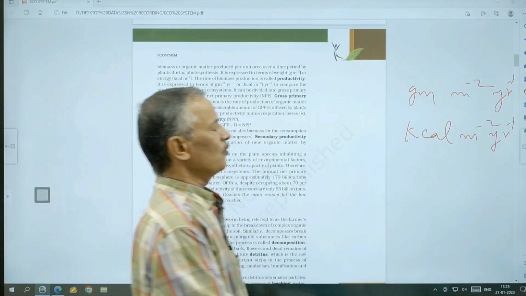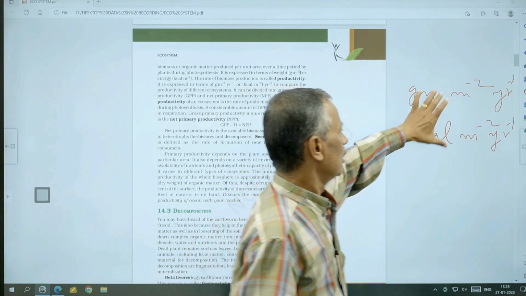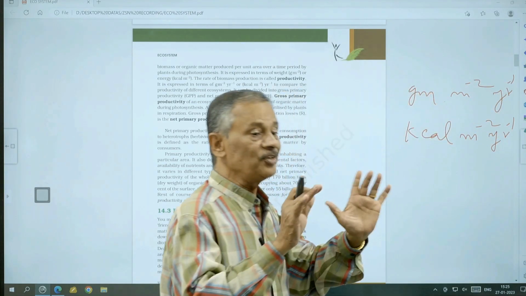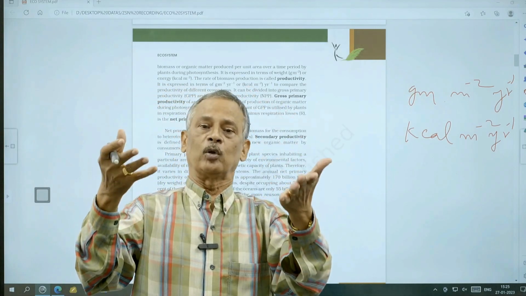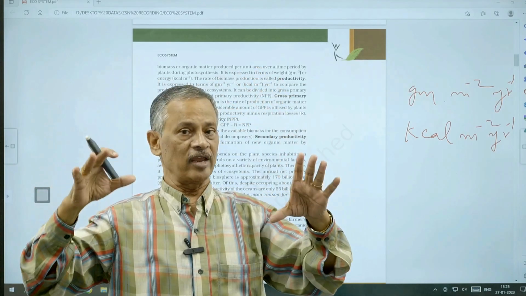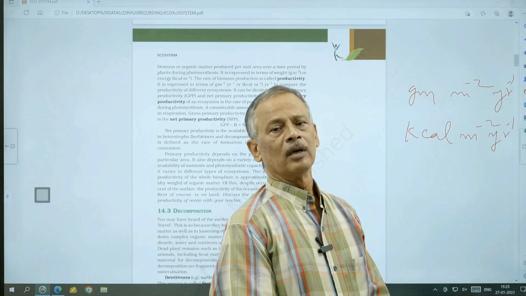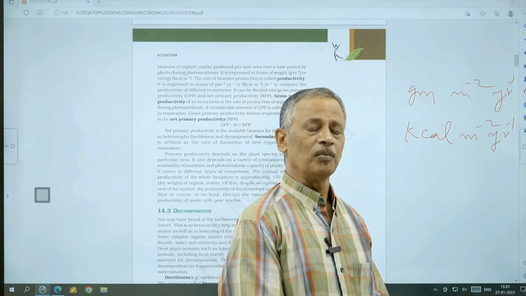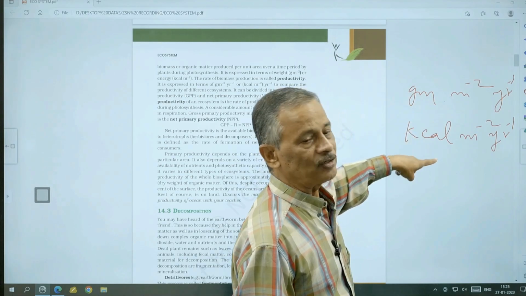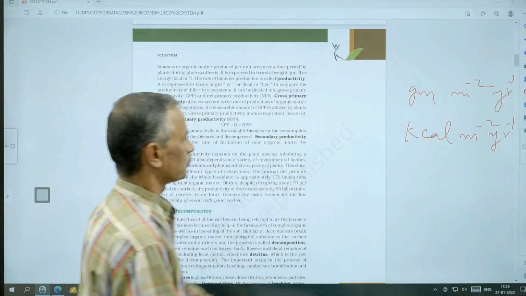So much biomass or energy per unit area per unit time. So the rate at which biomass is produced: you divide the biomass produced by the time, and the rate of biomass will be obtained. So rate of production, or productivity.